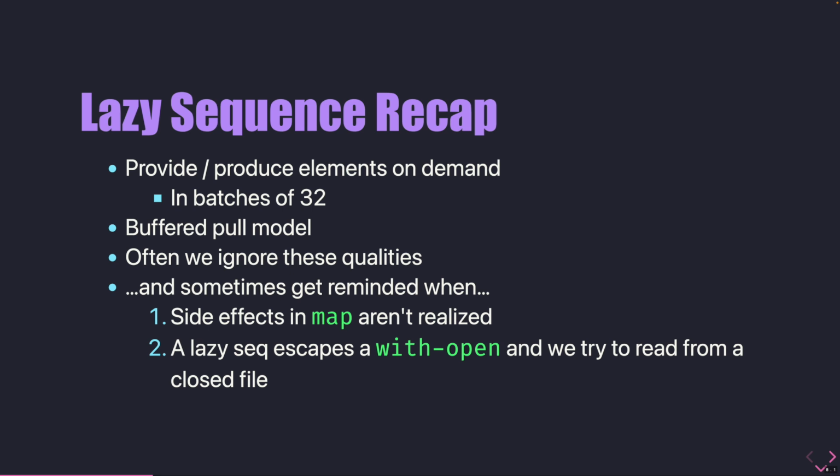Effectively, what's going to happen is that filter is asking the map for a chunk of 32 elements. The map is pulling in values from its input, and that filter blocks until map has 32 things to give it, right? Then it gives those things to filter, it filters to some number, and then control goes back into map.